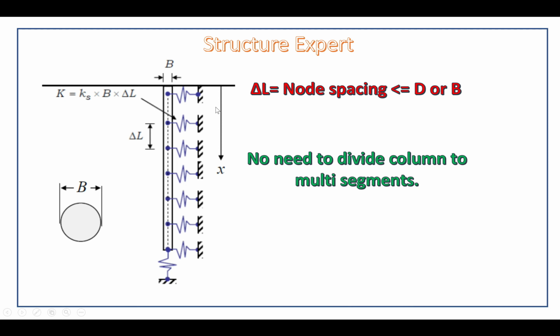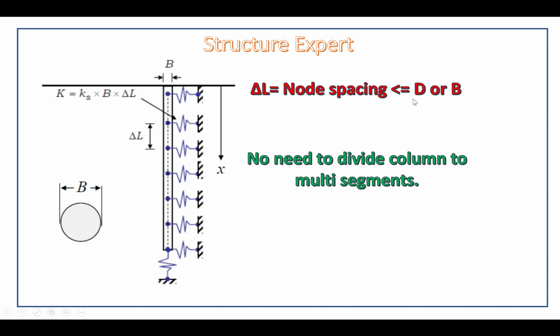So how do you provide node spacing? You should understand that node spacing should be less than or equal to the diameter of the bored pile. It's important. Say your bored pile diameter is 1 meter.